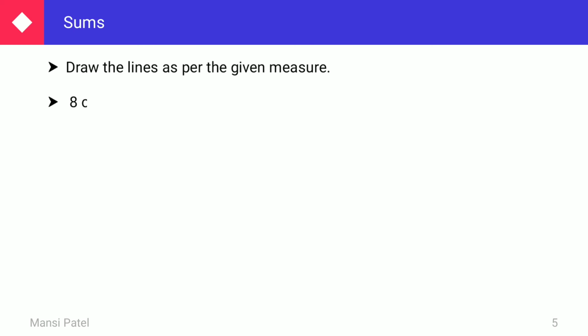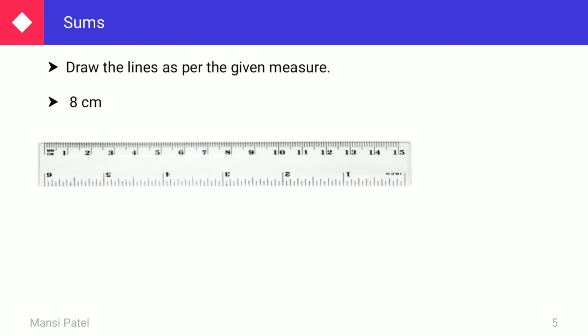So here you have to draw one line of 8 centimeter. If you want to draw a line of the given measurement, what you have to do? First of all, take one scale. In this scale you can see on the upper side small units, many small lines given, and that is known as centimeter.